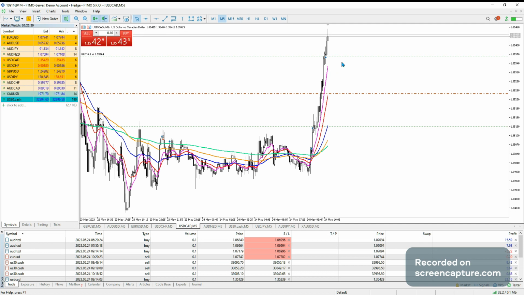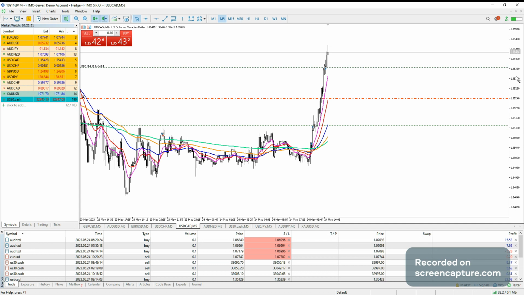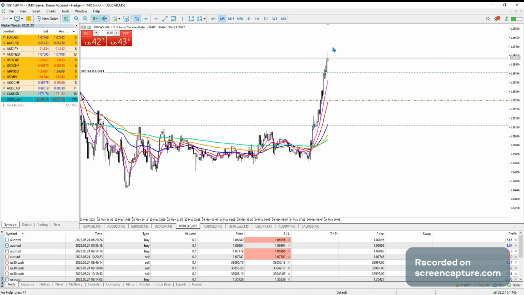So that's not good. I want to lose. Okay, so what I'm going to do next is wait a little bit. If the price goes up even more, I'm going to buy again, and then I move my stop loss to break even. All I want to do right now is break even. After I wanted to lose money, I'm changing my mindset. All I want to do is break even.